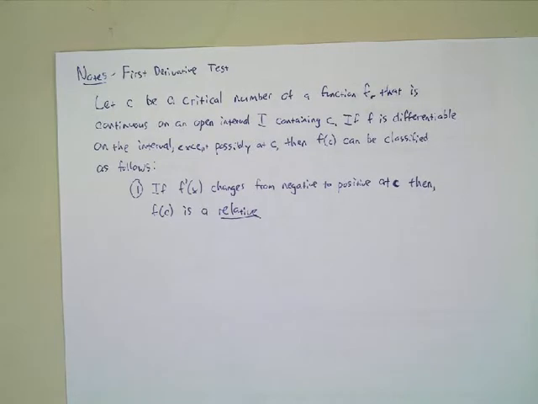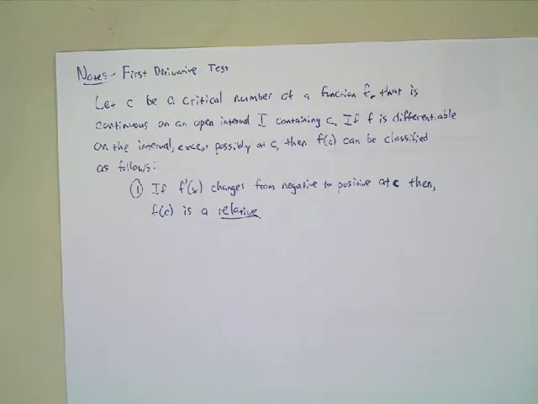Therefore, the original function is changing from what to what? It's a relative extreme. Well, yes, but it's a relative minimum. Okay, but answer my question though. If f prime of x is negative, that means the original function is decreasing. If f prime is positive, that means the original function is increasing.